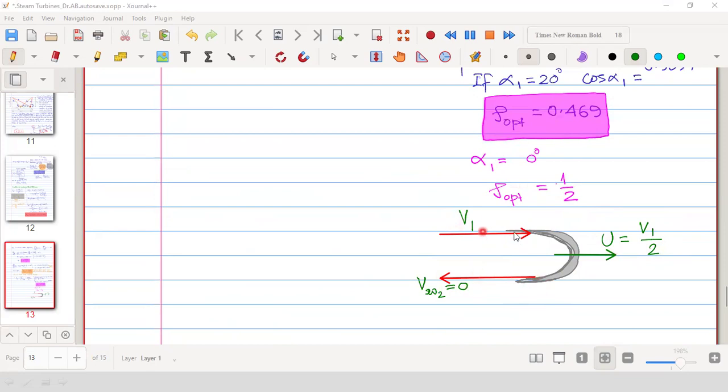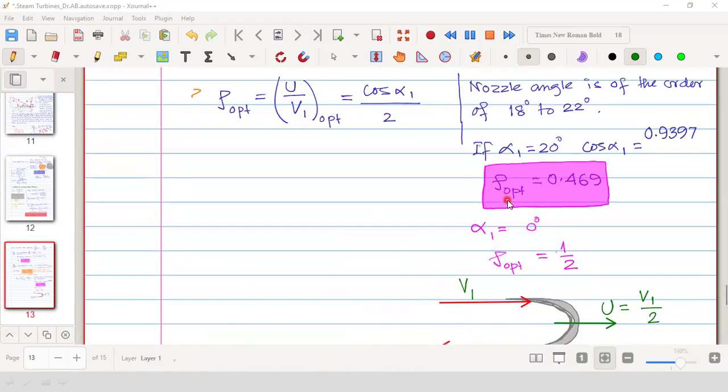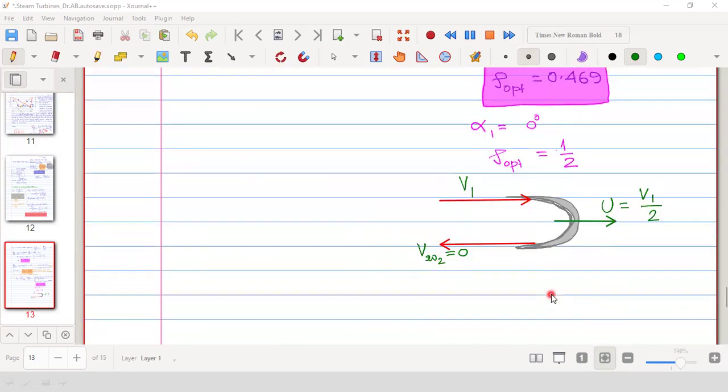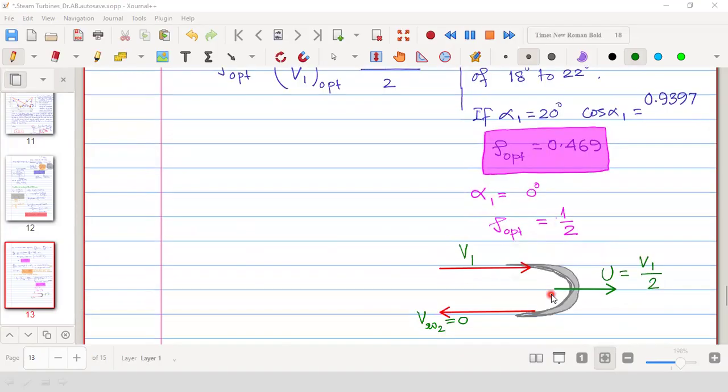That means the total kinetic energy that is coming here, the blade velocity will be half of that, and this will leave with 0 tangential component. So this is for alpha 1 equal to 0.